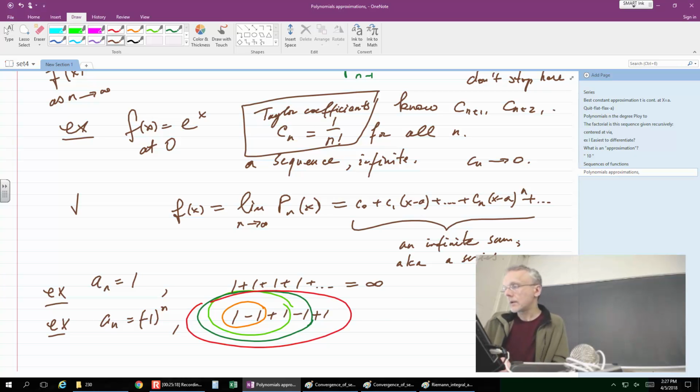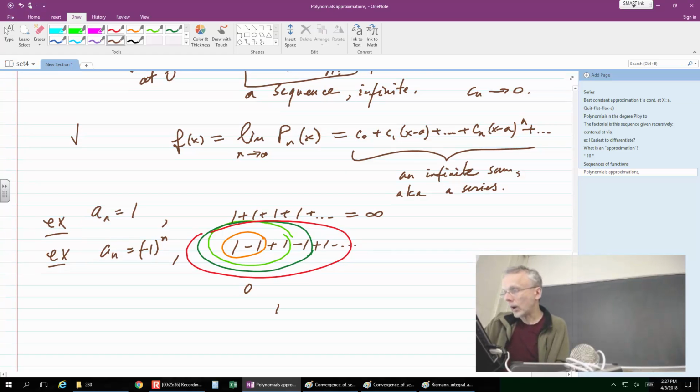So the only way to understand infinite series is through infinite sequences. If I look at these, 1, 2, 3, 4 numbers, it's enough to understand the idea of what I'm talking about. I have 0, I add 1, I will end up with 1. Then I subtract 1, I have 0, add 1, I have 1. And I keep going. So it fluctuates. So what is our conclusion about the limit of this sequence?